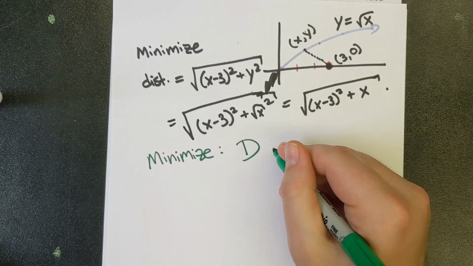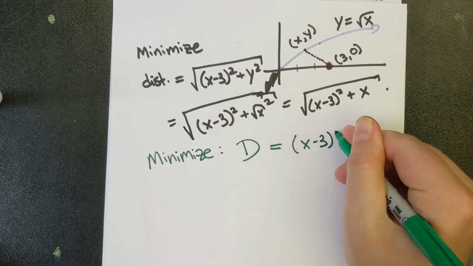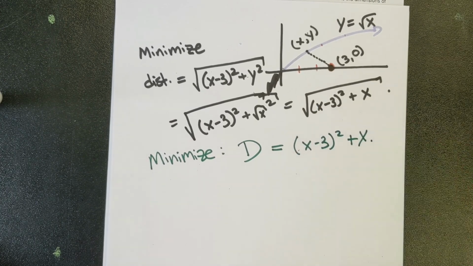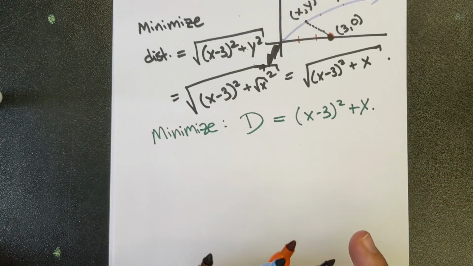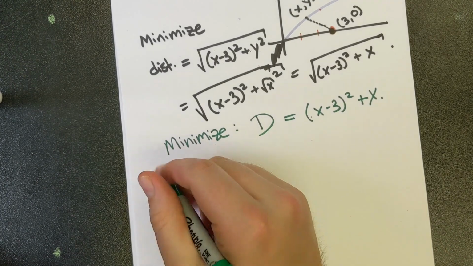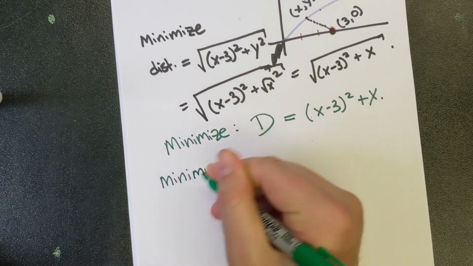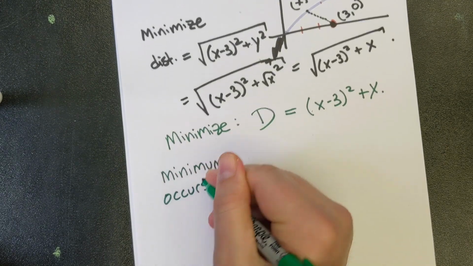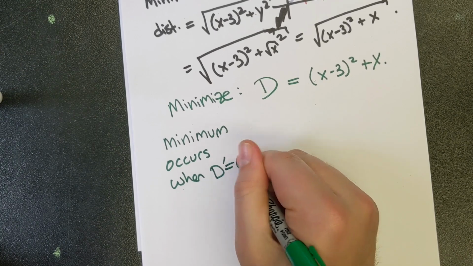So I'll call that something like big D, and I'll just make it the inside part. So we just really need to minimize this part. So let's minimize it. Let's take the derivative and set it equal to 0. So we recall the minimum occurs when the derivative of D is 0.